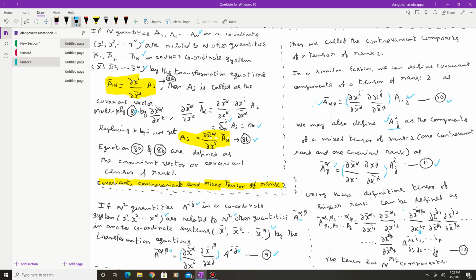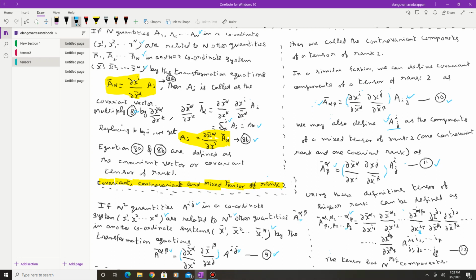Using this definition, a tensor of higher rank can be defined. Suppose alpha 1, alpha 2, up to alpha p are the p indices in the superscript, and there are q indices in the subscript.